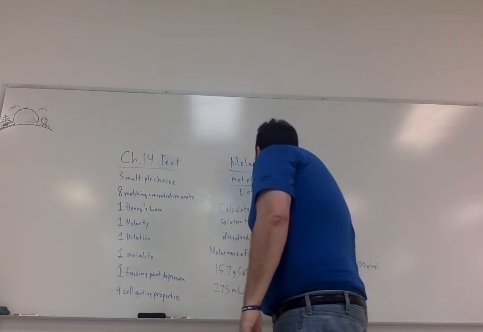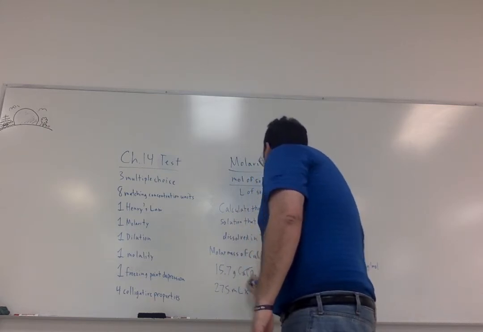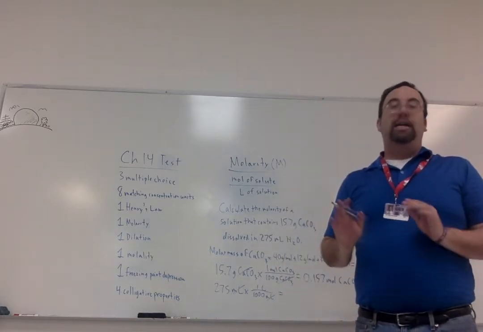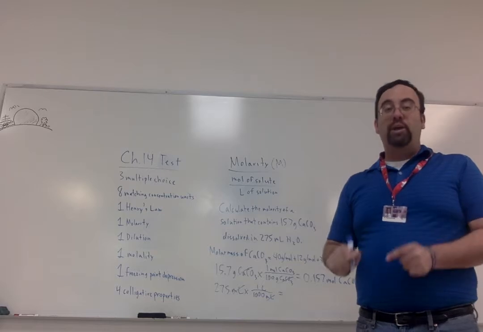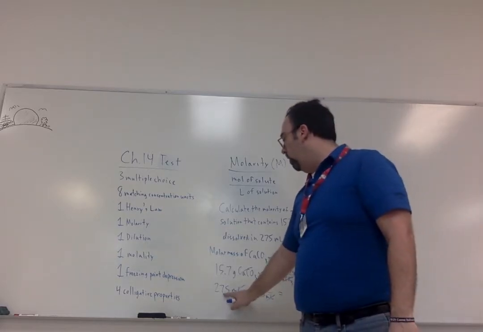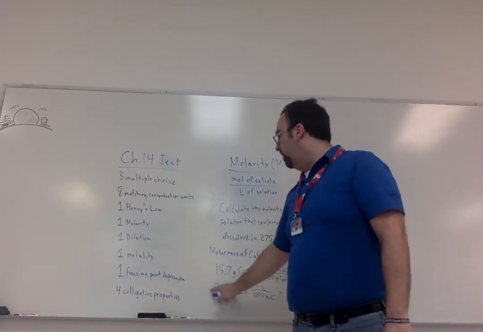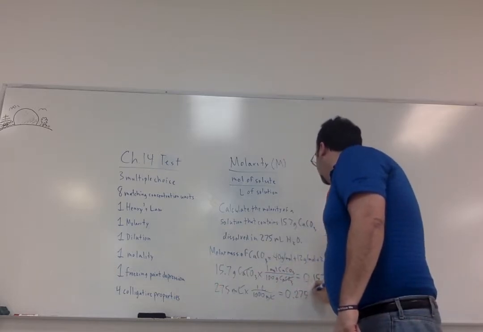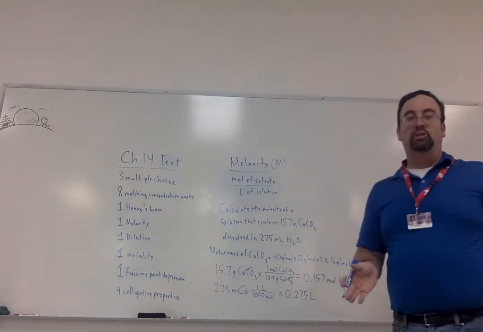The 1,000 milliliters goes on the bottom so that the units cancel out. Because I'm dividing by 1,000, I just need to move the decimal place to the left 3 places. So we have 1, 2, 3. So this is going to be 0.275 liters, and this represents our water.